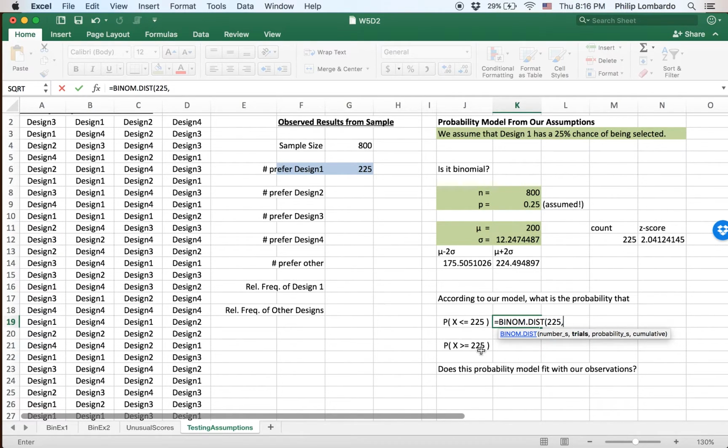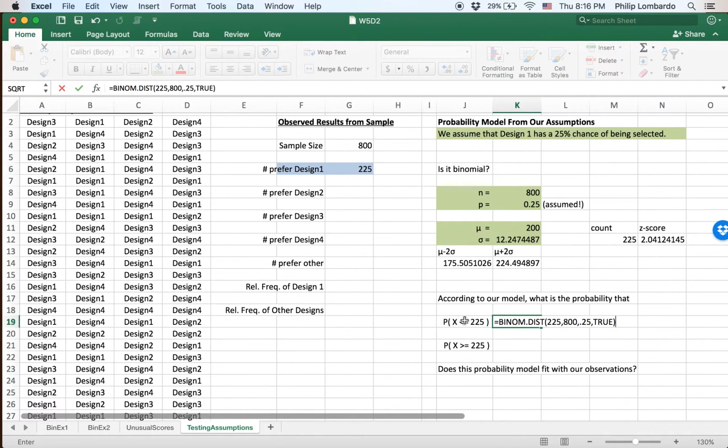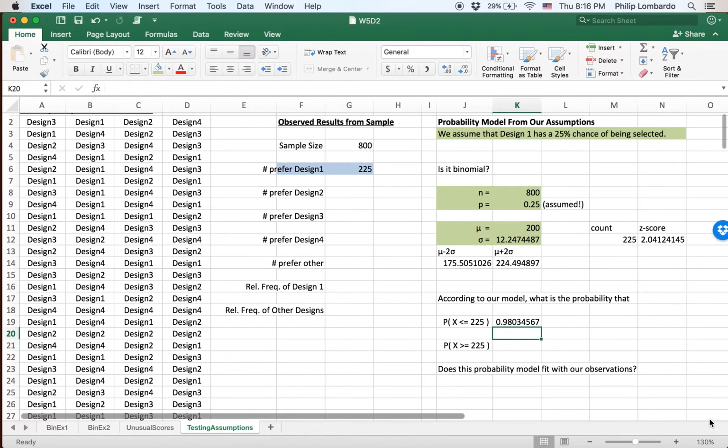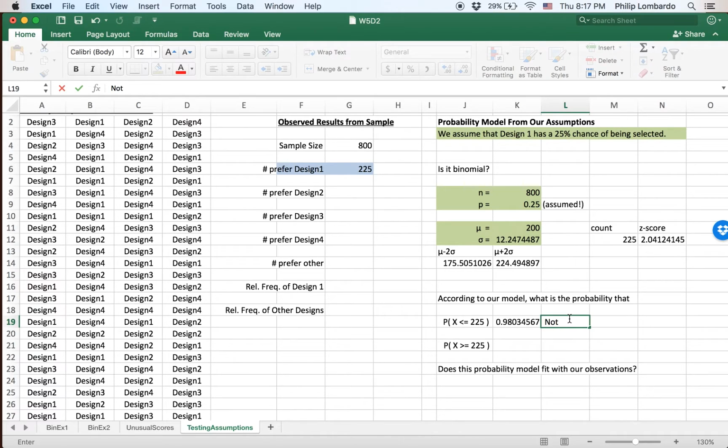It's already in its cumulative form, so we just have to fill in the number of trials, our n value, and our p value, which, playing devil's advocate, is 0.25. And then we type in true for the last part because this is a cumulative probability. So this is certainly not unusually low for a score because the probability is not below 0.05. Okay?